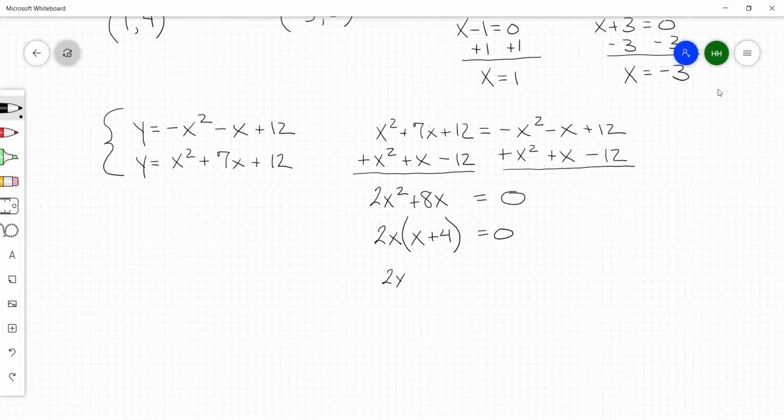So your 2x is equal to 0, and your x plus 4 equals 0. If you divide both sides by 2, here we get an x value of 0. And if you subtract 4, we get an x value of negative 4.